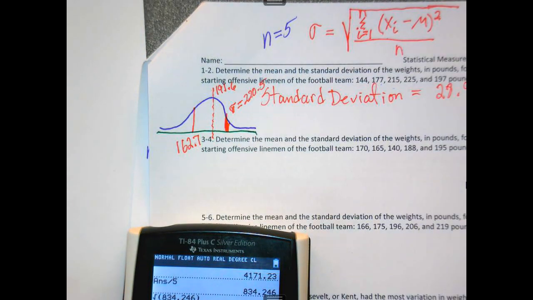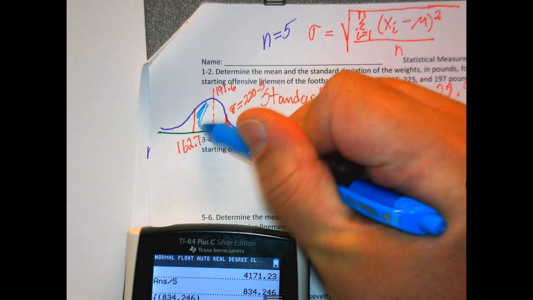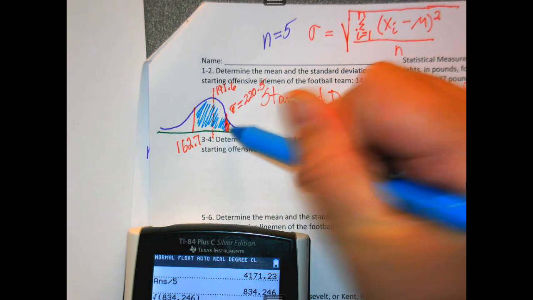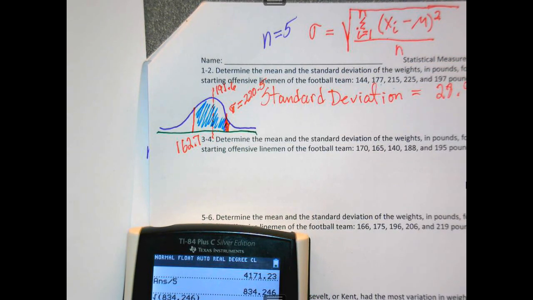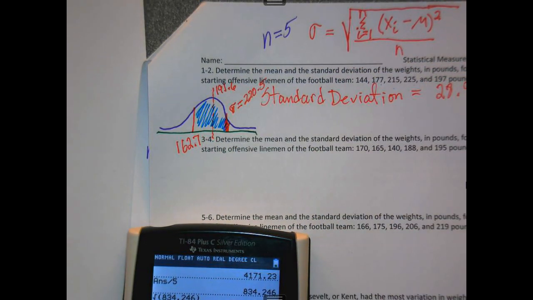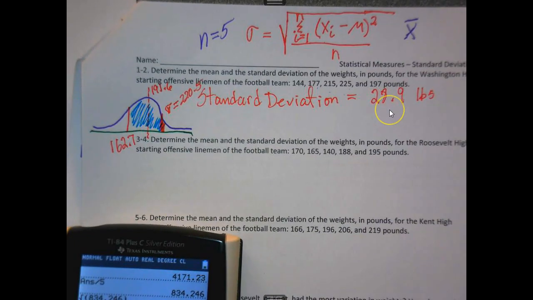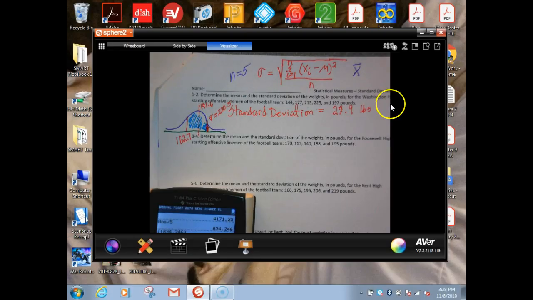So we expect 68% of these data points to be in this plus or minus one standard deviation. Got it? Wonderful. Tedious. You got to be careful.